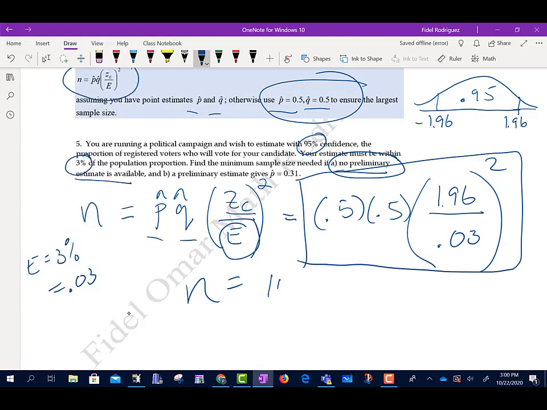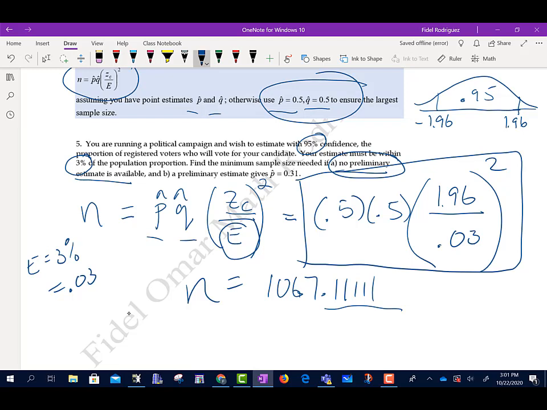I hit enter, and I'm coming up with 1,067.11, a whole bunch of ones there. Now, the question is, do I write 1,067 because I'm rounding to the nearest whole number? N is the number that we're going to need. So anytime we have anything after that decimal point, that means I need one more.